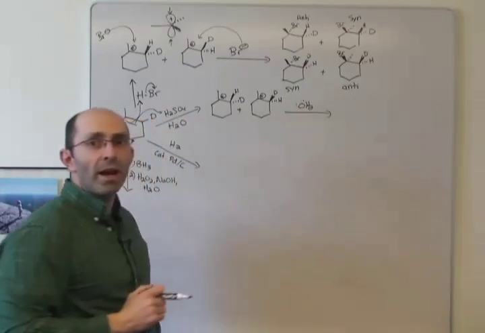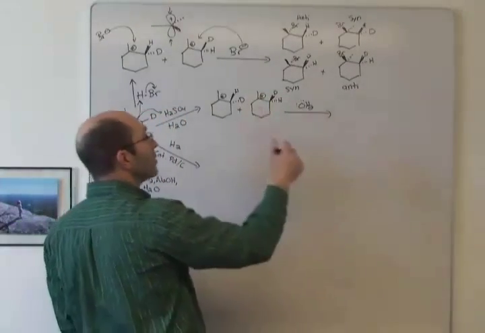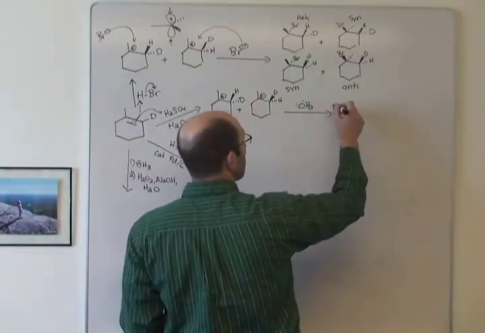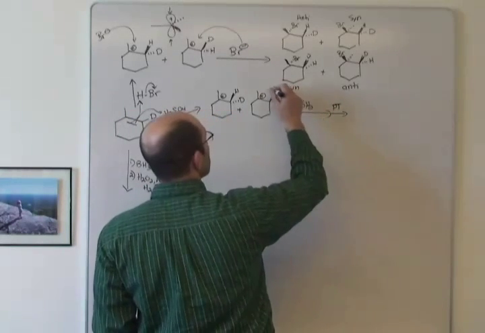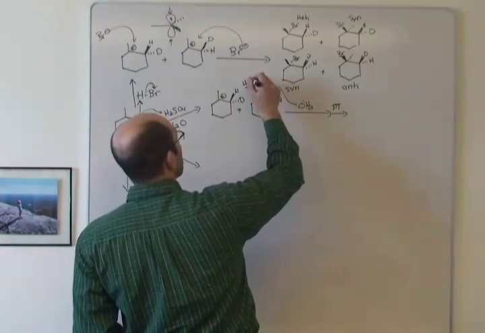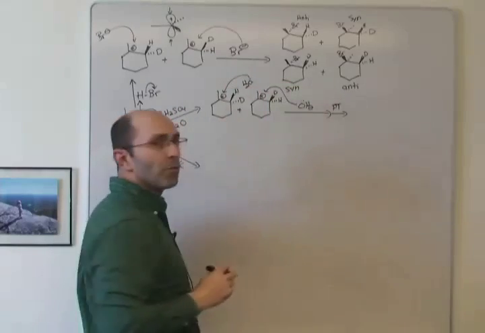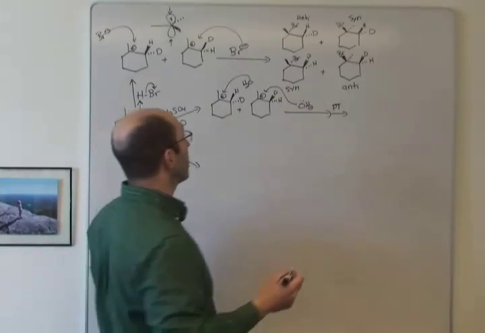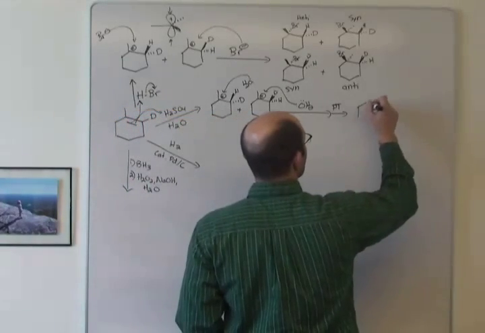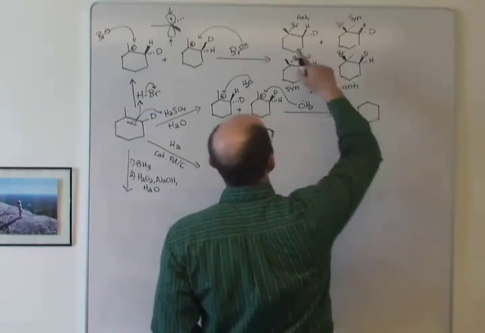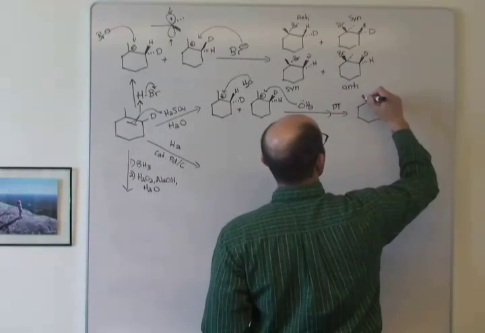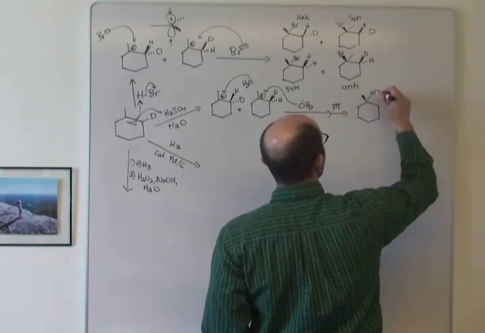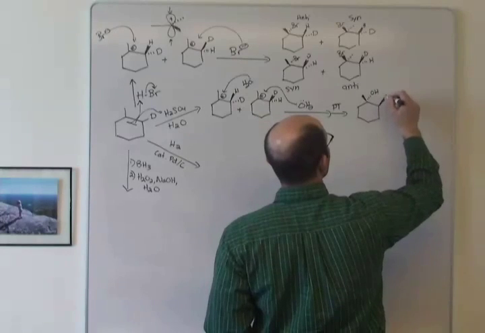And then water is going to add, and it's going to do exactly the same thing we did up there. So we're going to add water, then we're going to do a proton transfer, right? So water is going to add there. It's going to add from the front. It's going to add from the back, because again, we're going through the same carbocation. So we can just draw out what the products are going to look like. And again, they're going to look just like what we have up top, except OH is going to be in place of the Br.